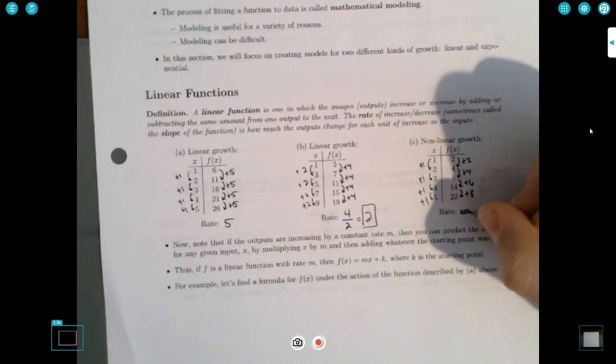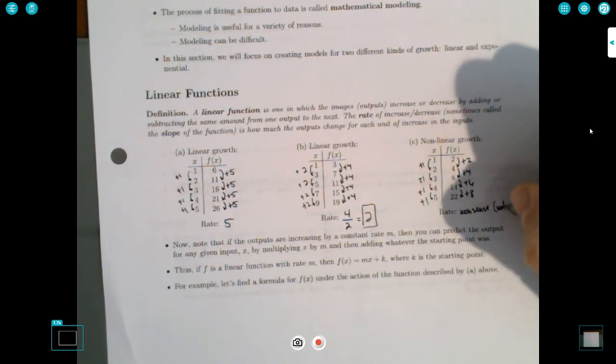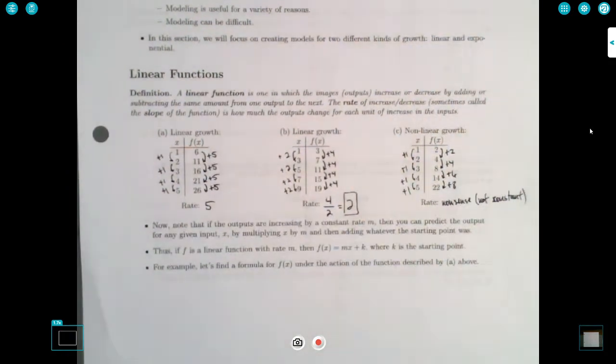So as for the rate, we would say nonsense, right? Because it's not constant. The rate is not constant. So you can't really talk about the rate here.